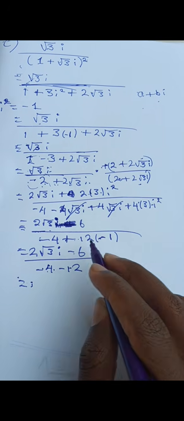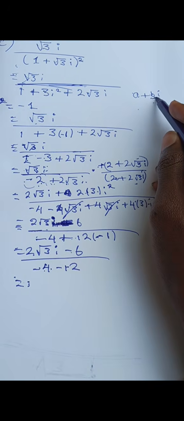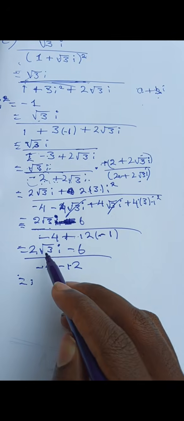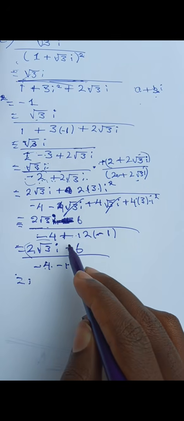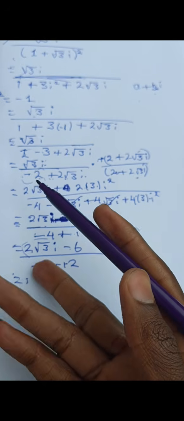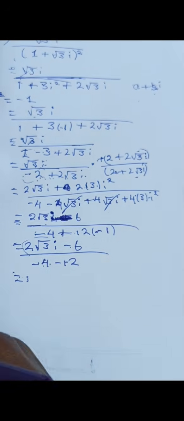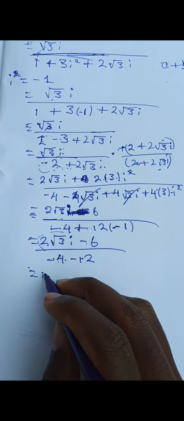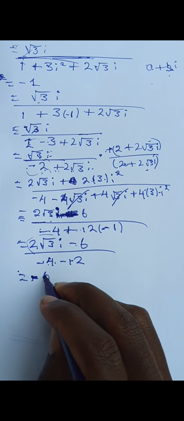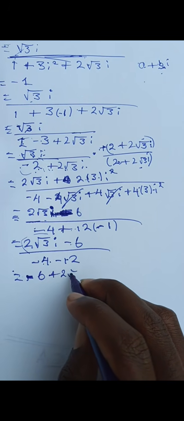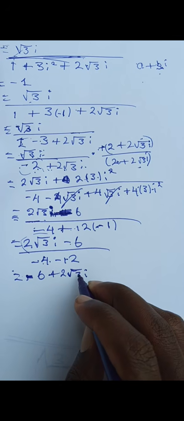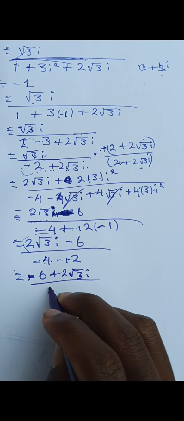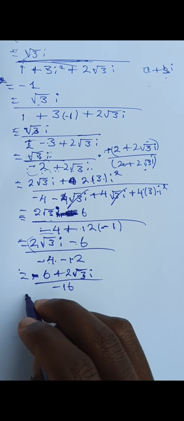Listen, we need to have the imaginary part on the other side. Look at the numerator. I'm going to swap them. Negative 6 will be this side, then the imaginary part is going to be the other side. So now we are going to have negative 6 plus 2 square root of 3i over negative 16.